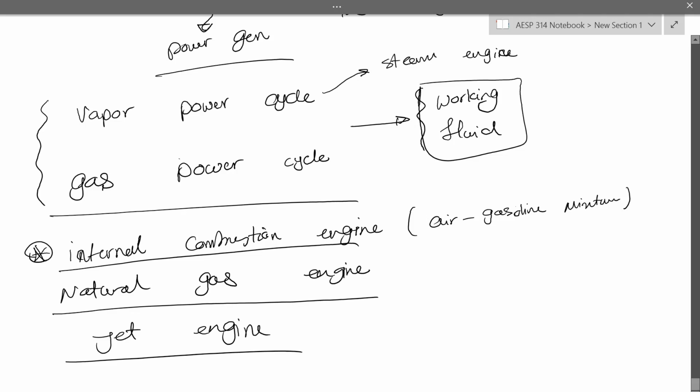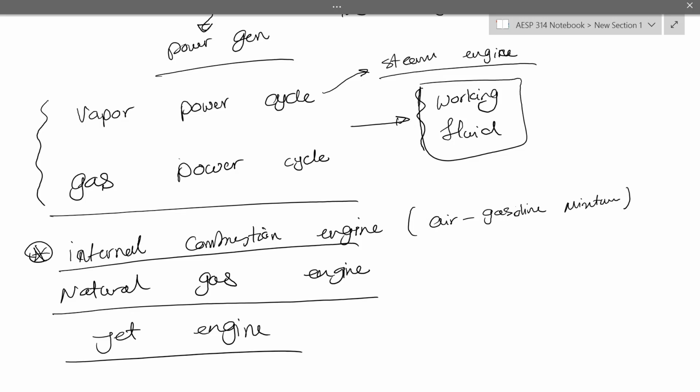Thermal power plants, like they produce electricity by steam power. They boil the water, actually they use fusion or nuclear energy, but they use steam, they boil the water, they use the steam.